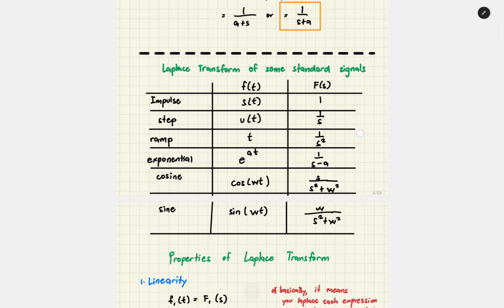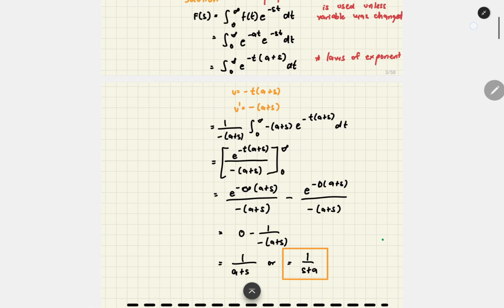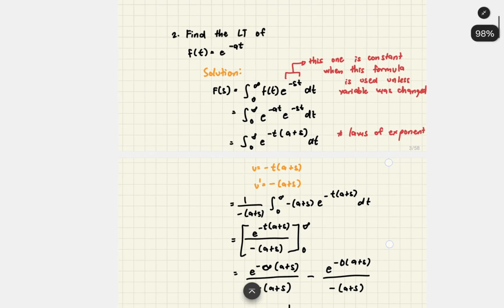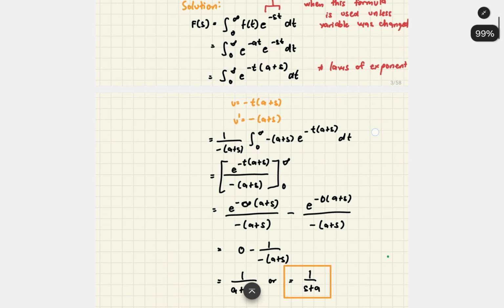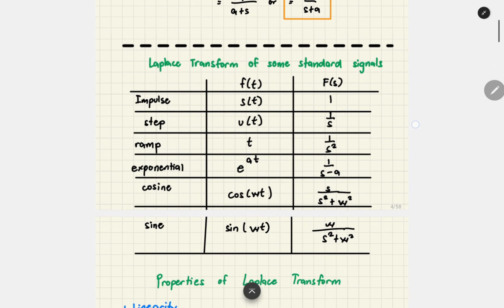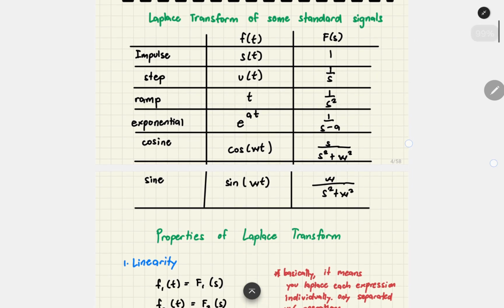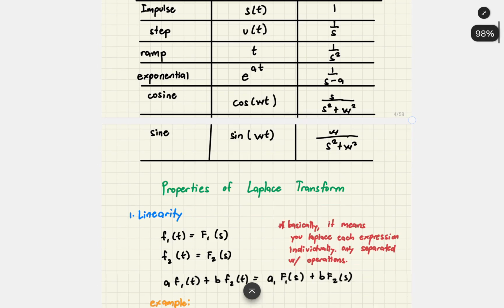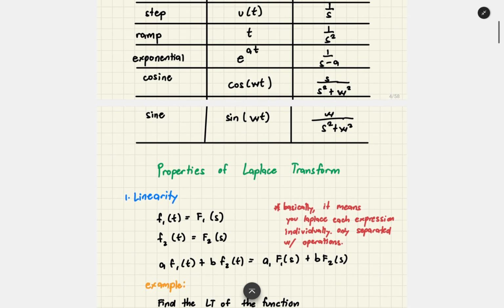I just showed you the derivation of those Laplace transform table entries, as well as the usage of the formula of the Laplace transform. In our next video, we're going to explain the Laplace transform of some standard signals, as well as the properties of the Laplace transform.